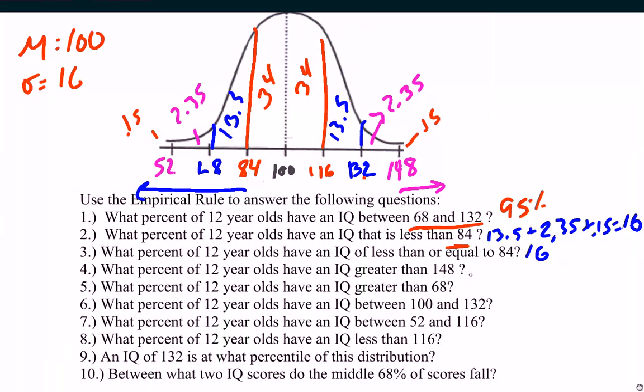That is only 0.15%. So, hardly anything. Next question says, what percent of 12-year-olds have an IQ greater than 68? So that's wanting everything to the right of 68. Now, once again, so many different ways that I can think of splitting this up.